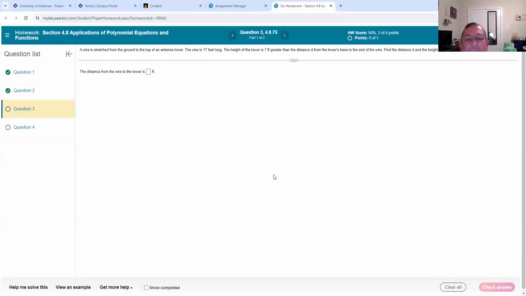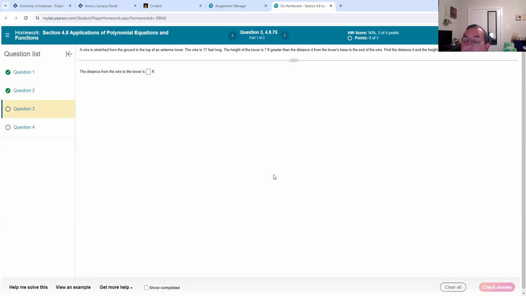Didn't they say the height of the tower is 7 feet greater than the distance D from the tower's base to the end of the wire?